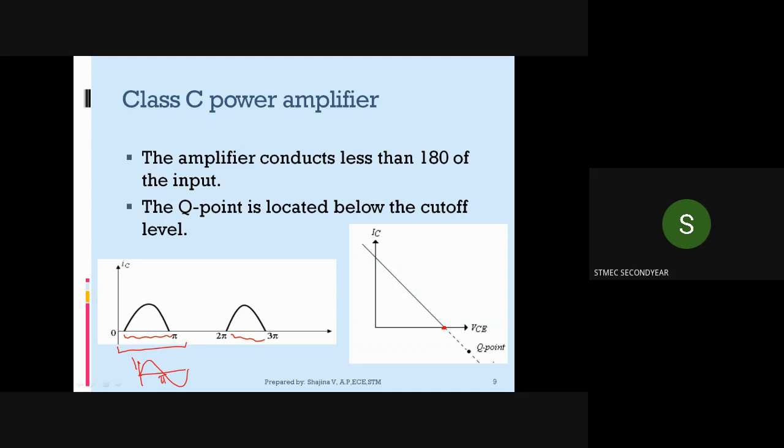But actually, the advantage is that this gives maximum efficiency. This class C configuration gives maximum efficiency among class A, AB and B. So for the class C configuration, our conduction angle will be less than 180 degree, and for that the Q point is set below the cutoff point.